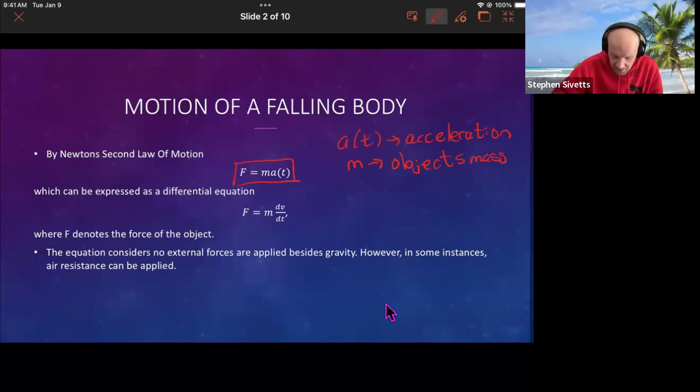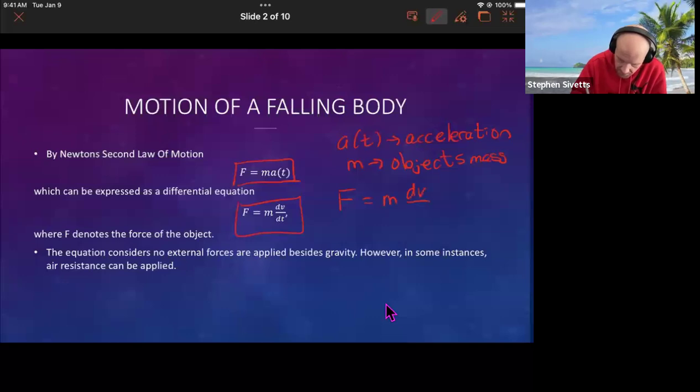So m is a constant, and a of t is just the acceleration with respect to time. And as you know, the acceleration is the derivative of the velocity. So we can express Newton's second law of motion as F equals m times dv/dt.